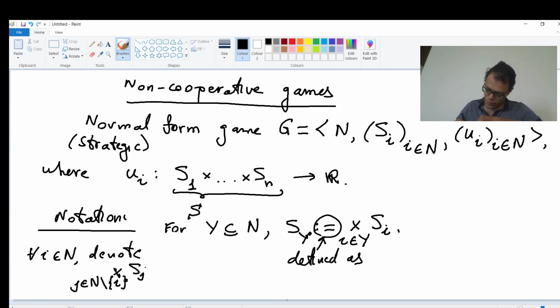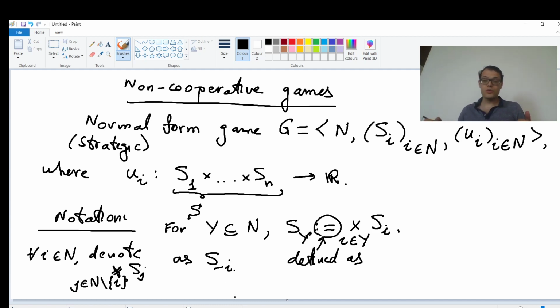So I remove the set including i, and the product goes over all those others, and that product we denote as S minus i. So all of those who are not i.